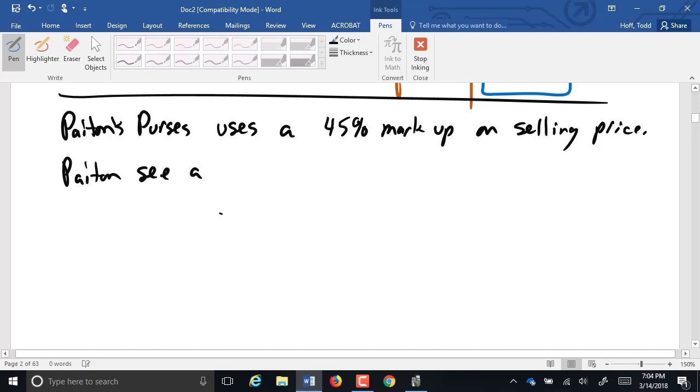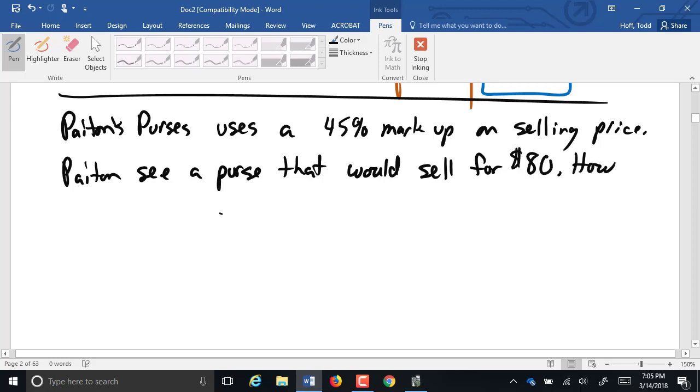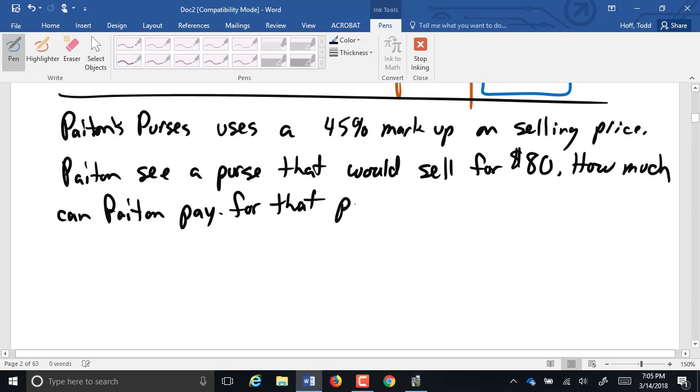Peyton sees a purse that would sell for $80. How much can Peyton pay for that purse?